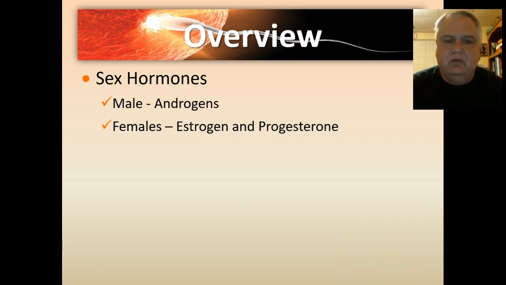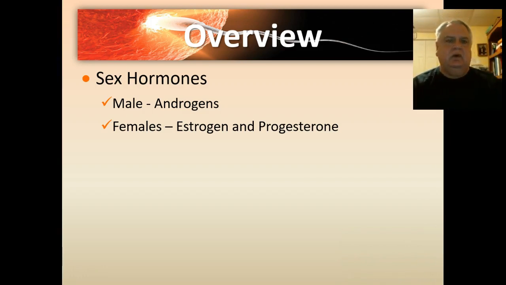In females, the sex hormones are estrogen and progesterone. But I don't want you to get the false understanding or misunderstanding that males only produce androgens and females only produce estrogen and progesterone. What we find is that males do produce estrogen and females do produce testosterone.